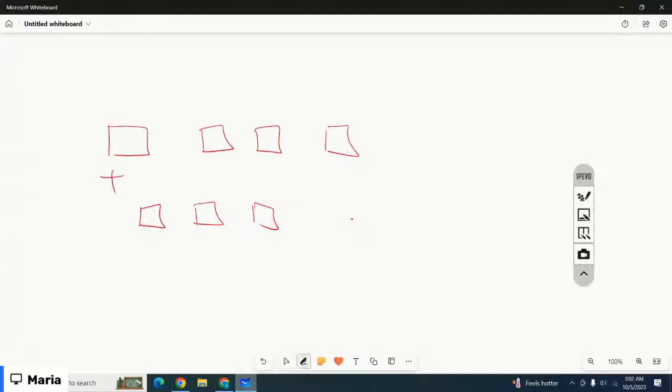You have to count them collectively, right? 1, 2, 3, 4, 5, 6, and 7. So when you count them together, there are 7 blocks.